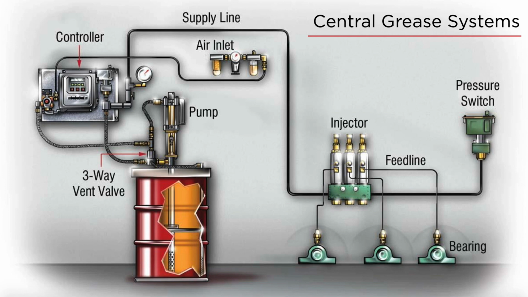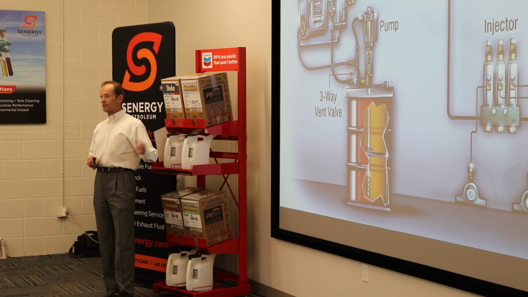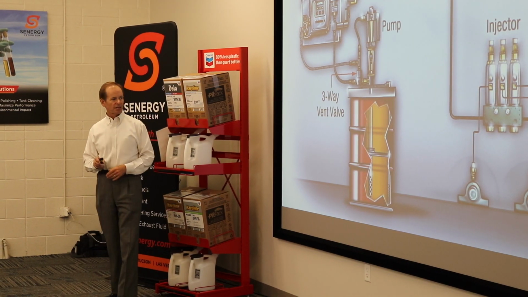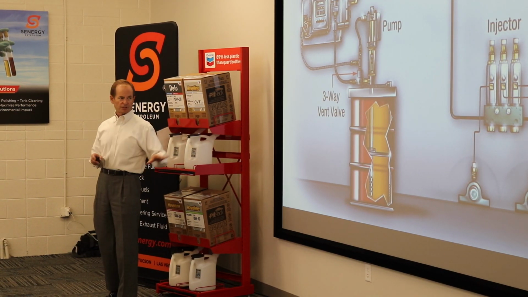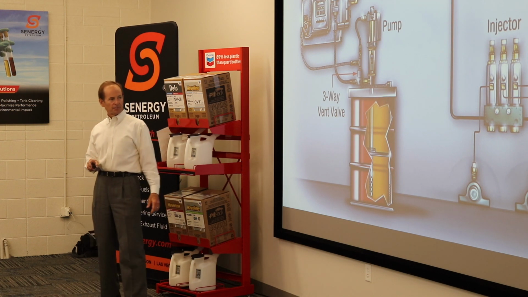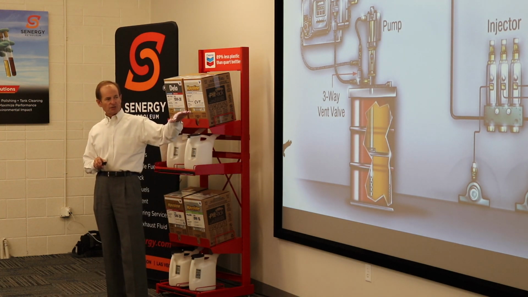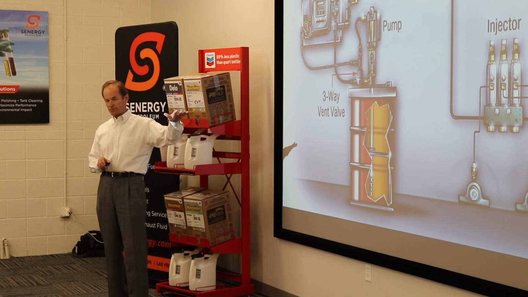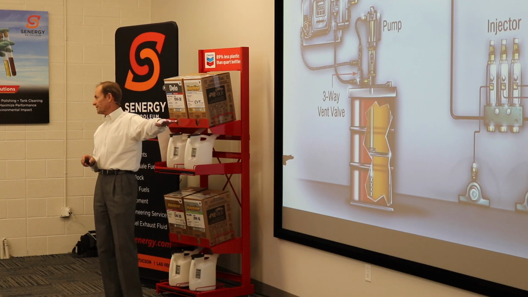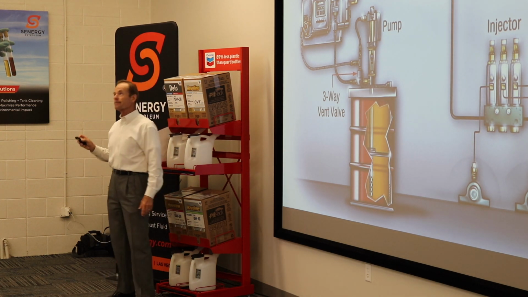So you set it up for once an hour to be injecting 5 cc's of grease into your bearing, or however your standard is. So this is a nice way to do that. But it does take some understanding and some observation to make sure these lines don't get blocked with something, that sort of problem.